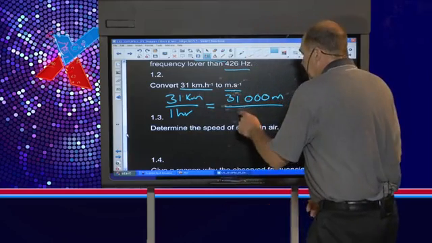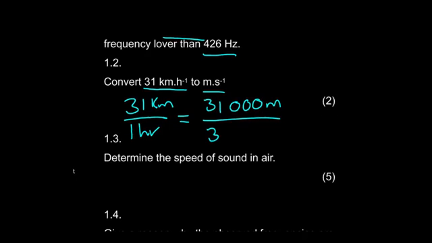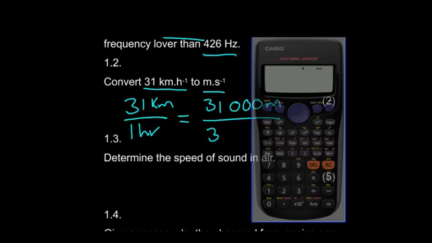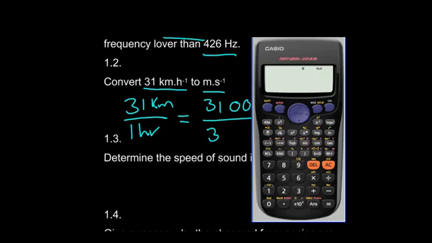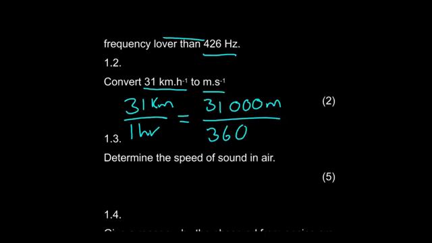So I'm going to say 60 by 60, which, if I use my calculator, is 3,600. I just wanted to show you where it came from. So there are 3,600 seconds in 1 hour.